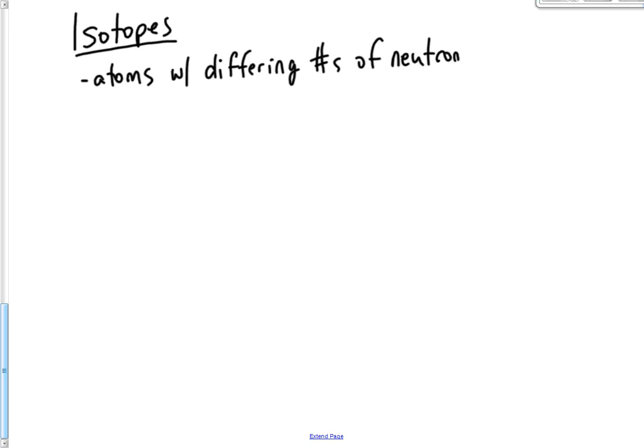Now, you might ask, we've got ions for different number of electrons, we've got isotopes for different number of neutrons, but what is the name for something that has a different number of protons? Well, anytime you change a proton, you're going to change what the element is. So there's really no term for it. It's just a different element altogether.